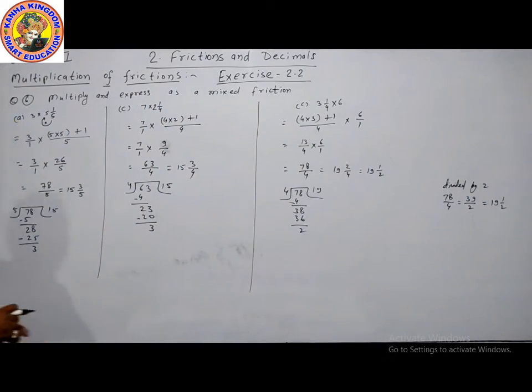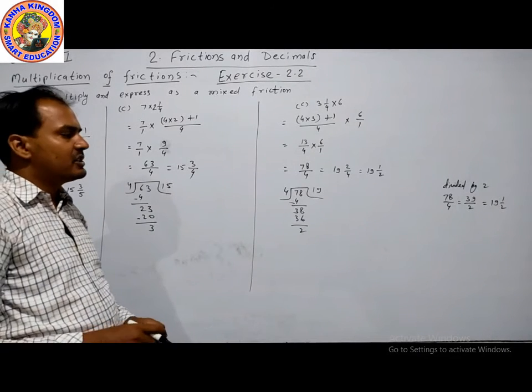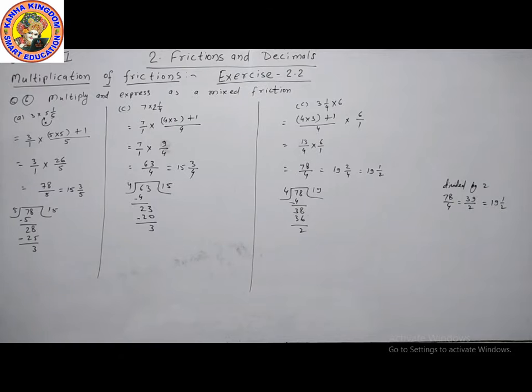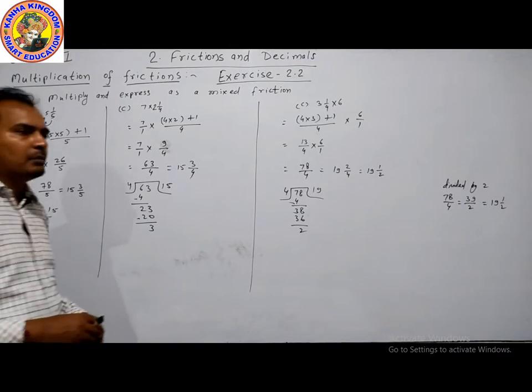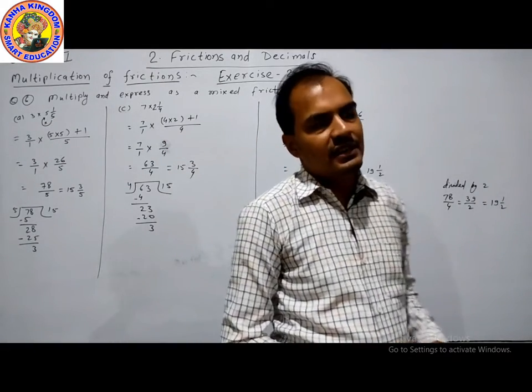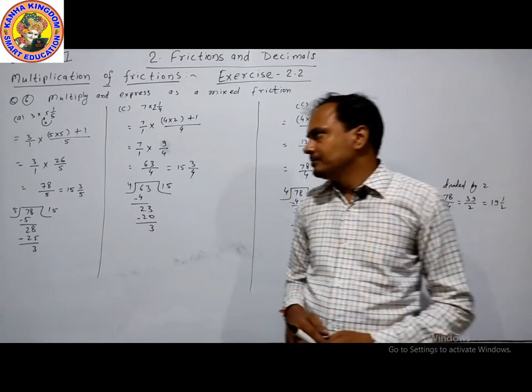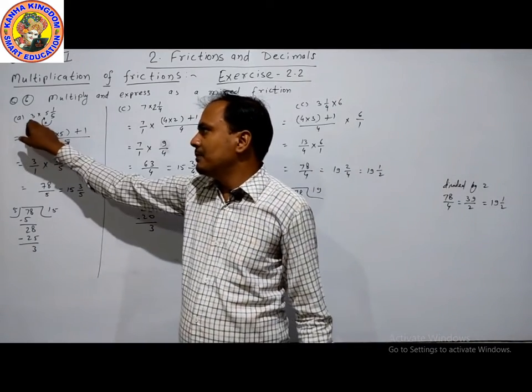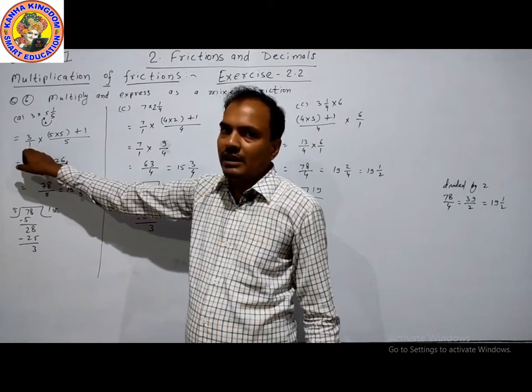So taking it from the beginning of the question: multiply and express as a mixed fraction number. The first question is 3 into 5, 1 upon 5. We know that we can multiply only fraction numbers, so we will represent them as fractions. The first is an integer, so we divide by 1.